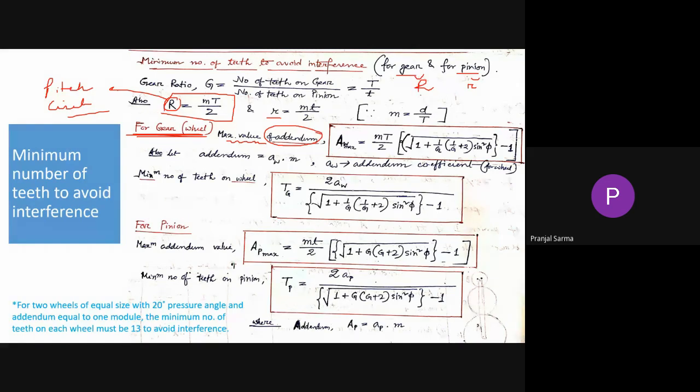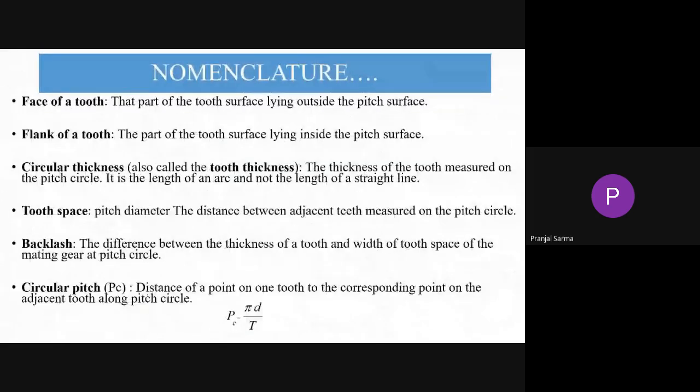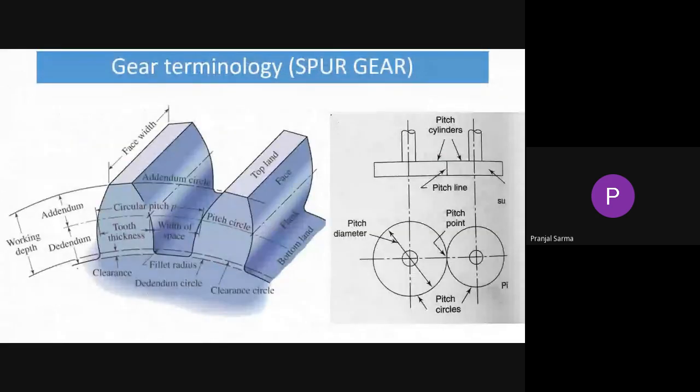Which one is the addendum? Don't recall? It is the upper portion. If you go through the previous diagram, you have seen that this is the pitch circle and this is the addendum circle. The radial distance between them is the addendum.